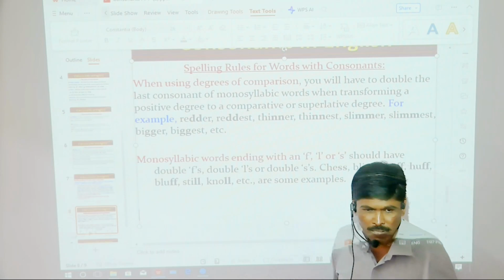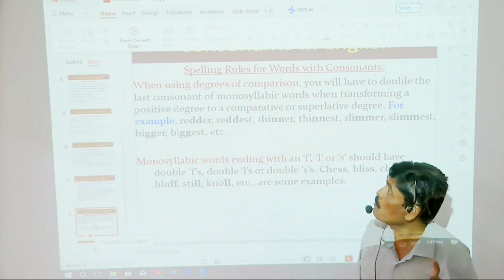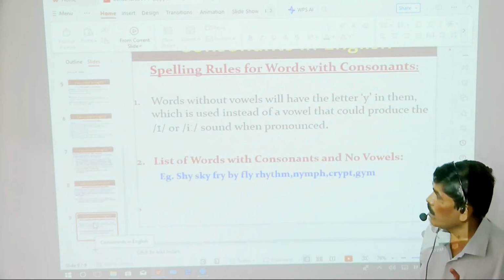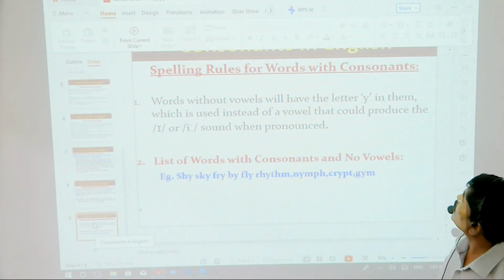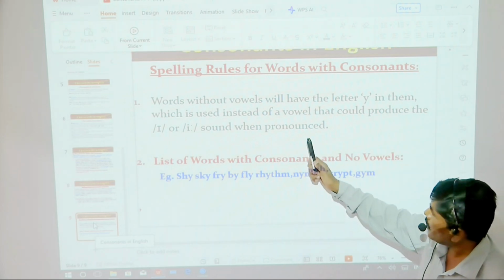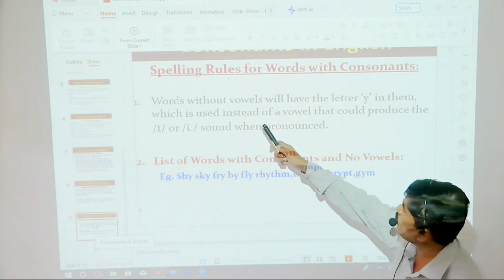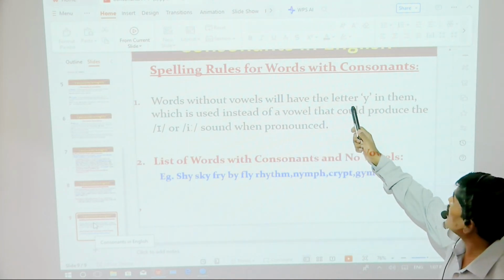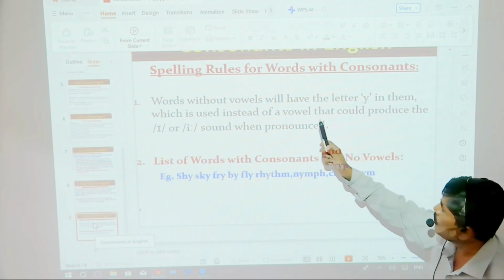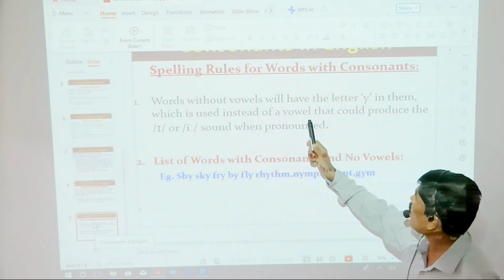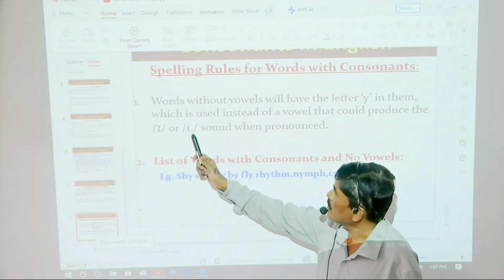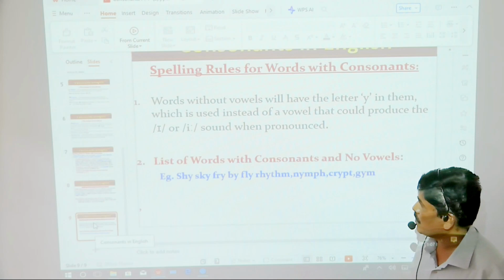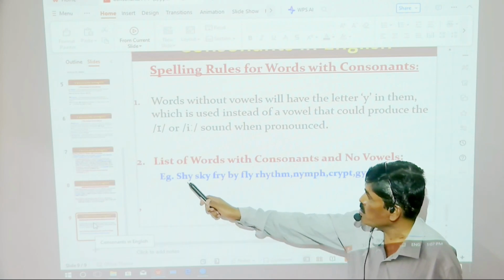So, very briefly, we have seen the spelling rules for words with consonants. Another rule is that words without a vowel will have the letter Y in them, which is used instead of a vowel that could produce the long E sound. For example, here is the list of words: shy.